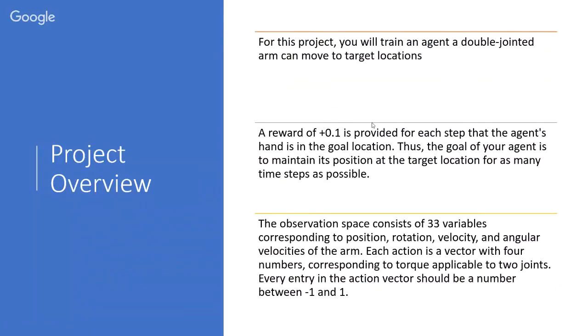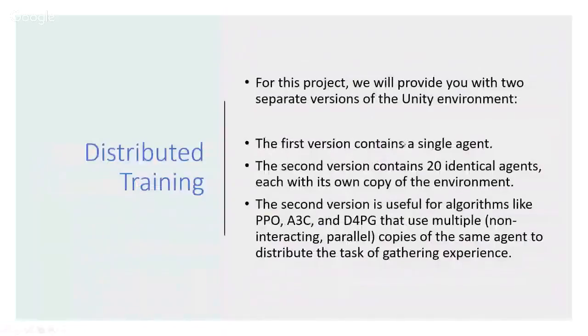Thus, the goal of the agent is to maintain its position on the target location for as many time steps as possible. The observation space consists of 33 variables corresponding to position, rotation, velocity, angle, and velocities of the arm. Each action is a vector with 4 numbers corresponding to torque applied to the joints. Every entry in the action vector should be a number between -1 and 1, which would work really well with a soft actor critic if you want to have a go at it.